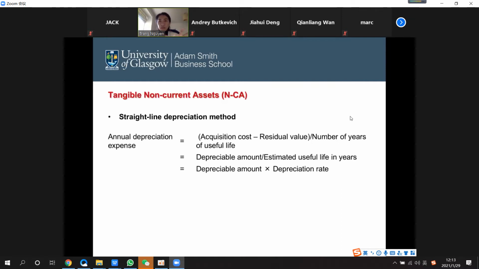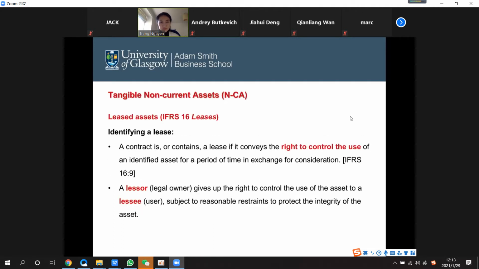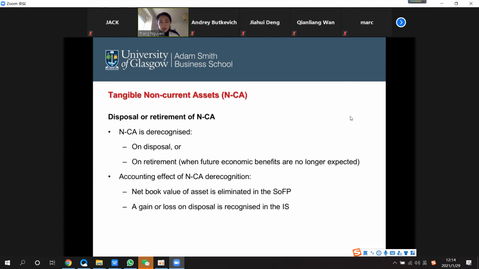But for the diminishing one, we will base it on the net book value of each year. I don't know why suddenly I dropped out that part, but please have a look at the example in the book.